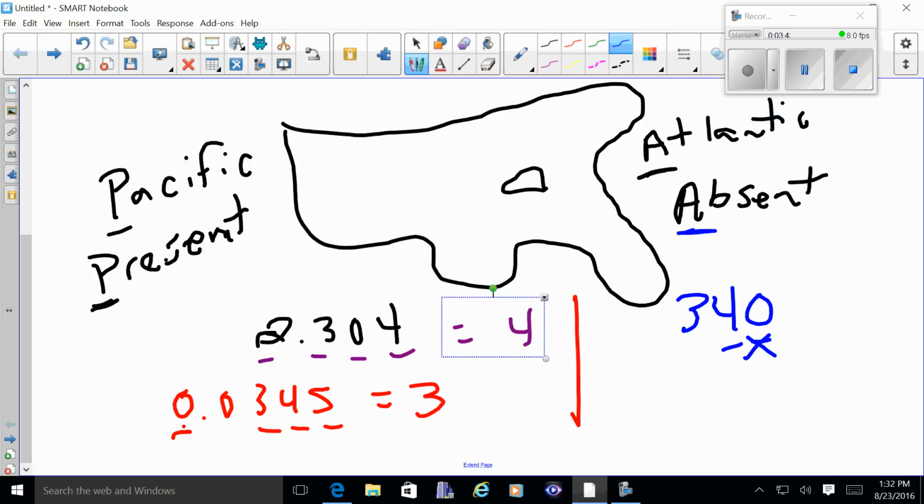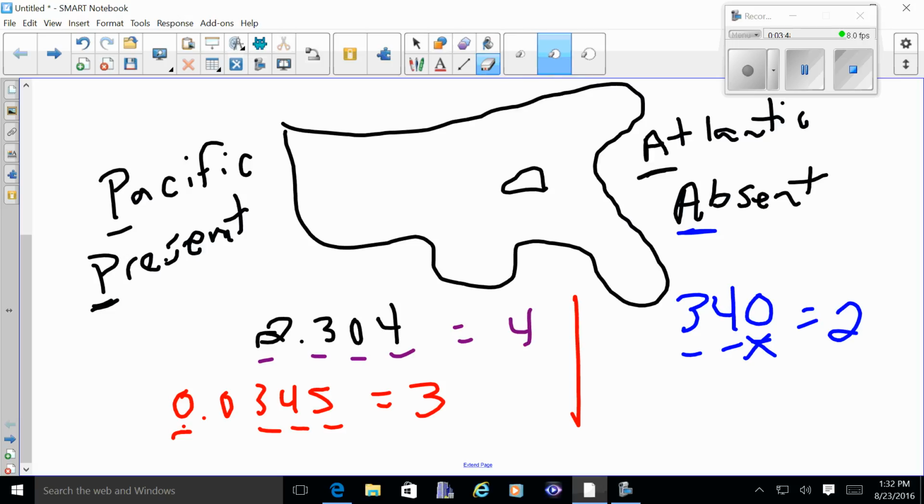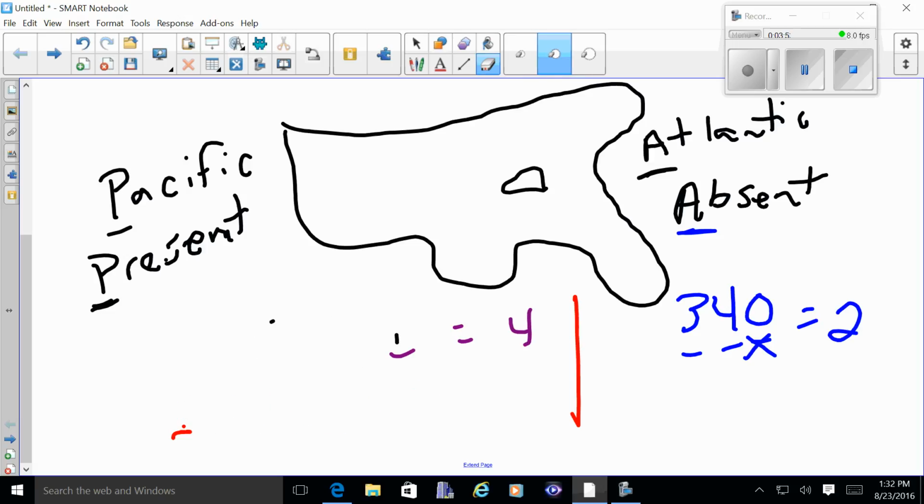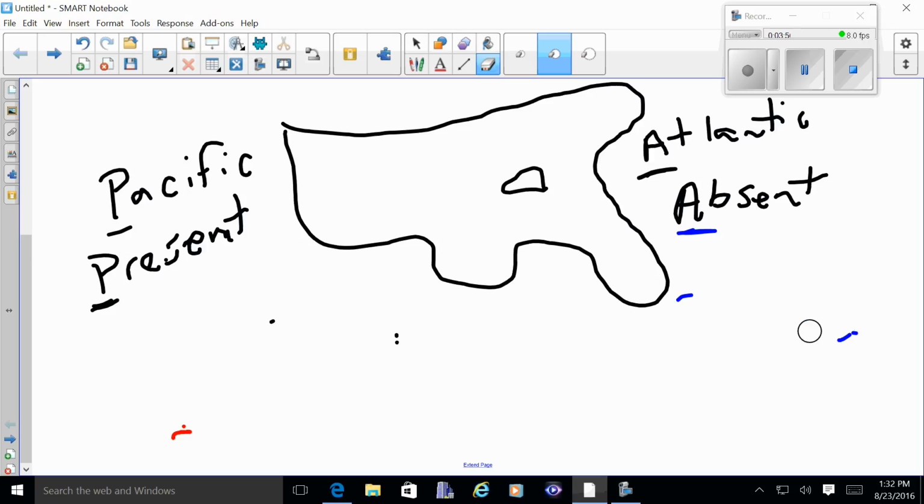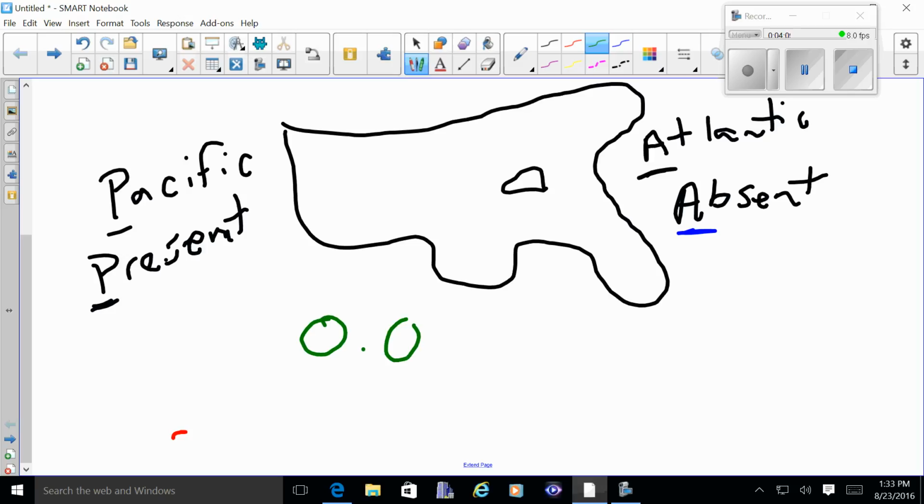So let's do some practice here. Let me erase all this. Sorry, the stylus is a little squeaky. Okay. All right. Now, from that point on, let's try another one. Let's do, I don't know, 0.0470102.